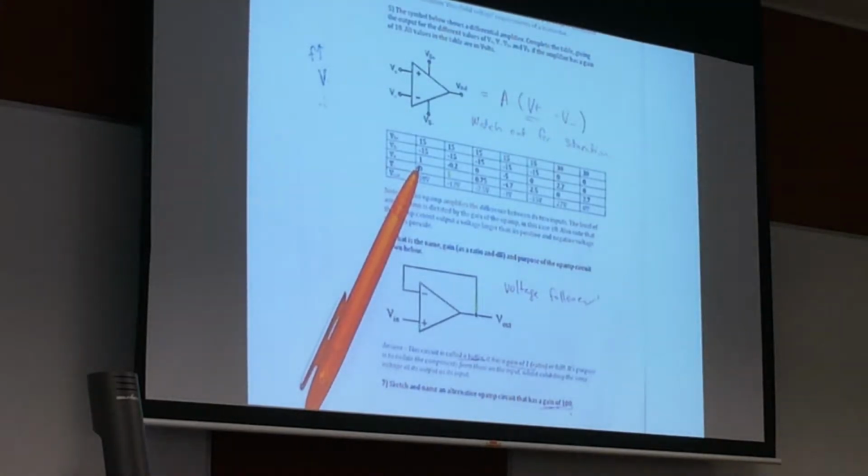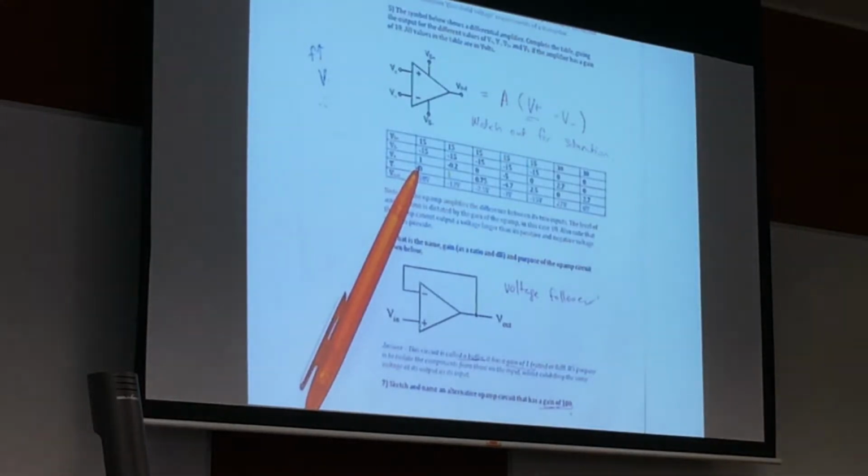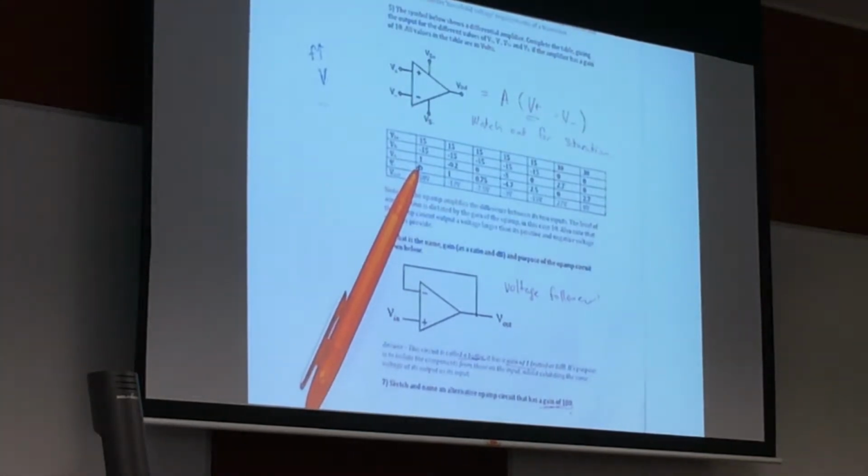That is, your output, V out, is equal to a gain multiplied by V plus minus V minus. The only difference between open loop and closed loop is, in open loop, your gain is almost infinity, very large. In closed loop, the gain is less than infinity, a small value. It could be 10, 20, even up to 100, that kind of thing.